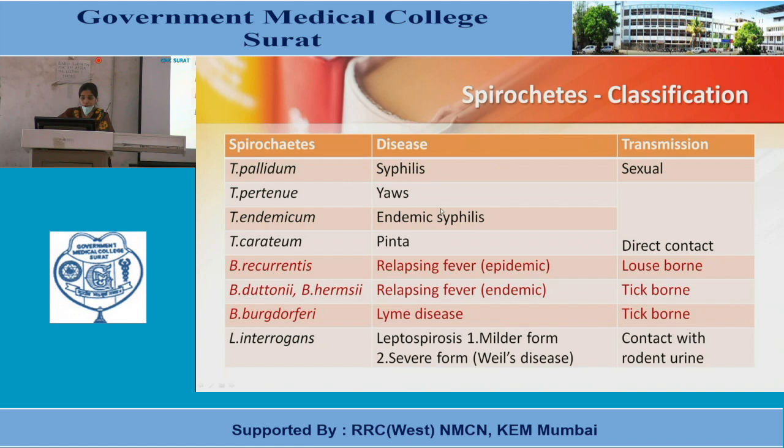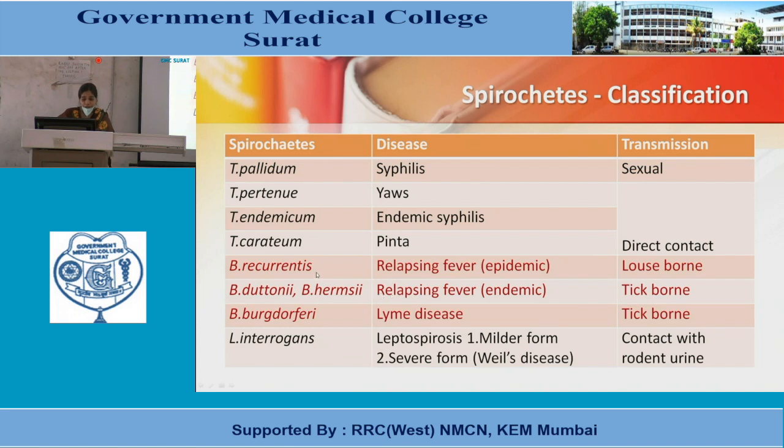Treponema pertenue causes yaws, Treponema endemicum causes endemic syphilis, and carateum causes pinta. These three are non-venereal infections transmitted by direct contact, whereas syphilis is transmitted sexually.